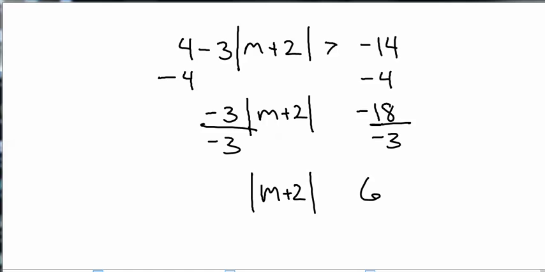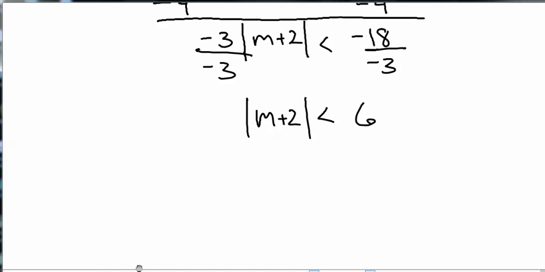So you've got to change the direction of the inequality. And now how do you rewrite it? As an or. So now it's m plus 2 less than negative 6 or m plus 2 greater than 6. Questions?